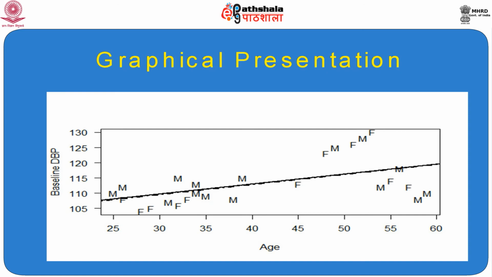This is the relation between age and baseline DBP. As Y we are putting the baseline DBP, and as the X axis we are putting age, and males and females are given separately with their corresponding relations.